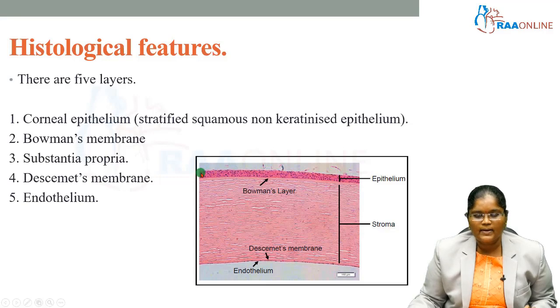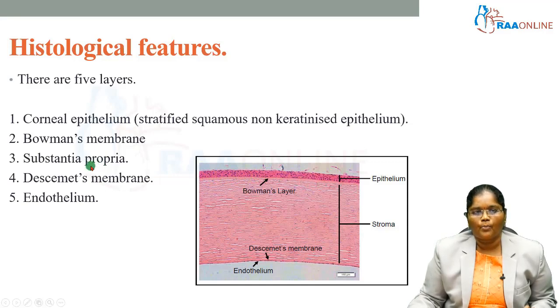The cornea is a transparent layer which contains 5 layers. The outer layer is the epithelium. It is a non-keratinized stratified squamous epithelium which shows multiple layers of nuclei, and the next is Bowman's membrane. Underneath the epithelium there is a homogeneous layer, that is Bowman's layer.